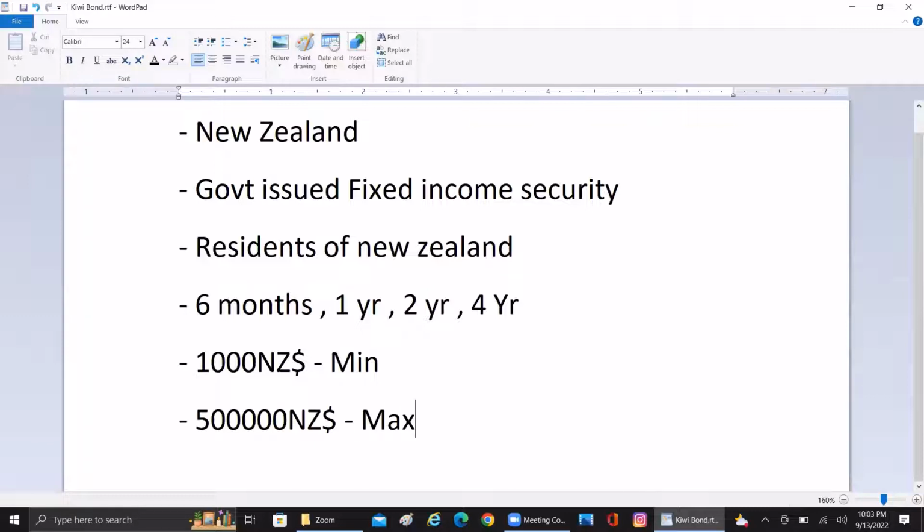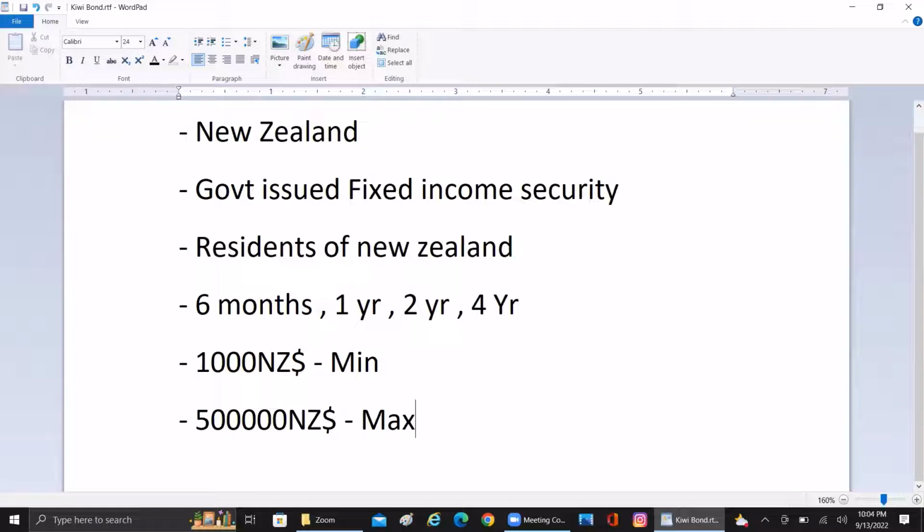So any New Zealander residing in New Zealand is eligible to invest in these Kiwi bonds, which are directly issued to the public by the government of New Zealand in the form of a fixed income security, with 6 months, 1 year, 2 year, or 4 year maturity periods.